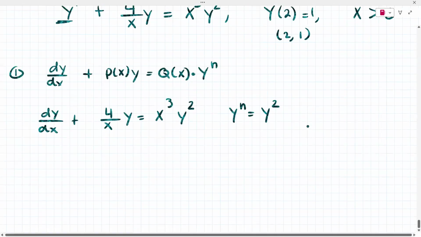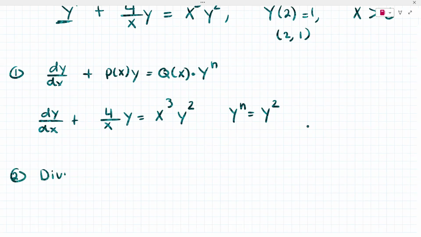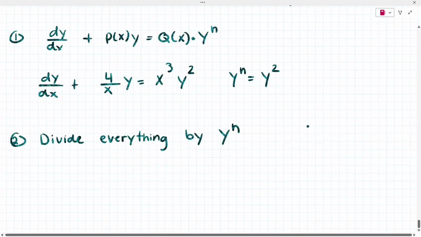Okay, step 2, divide everything by y^n. So my y^n is y squared.